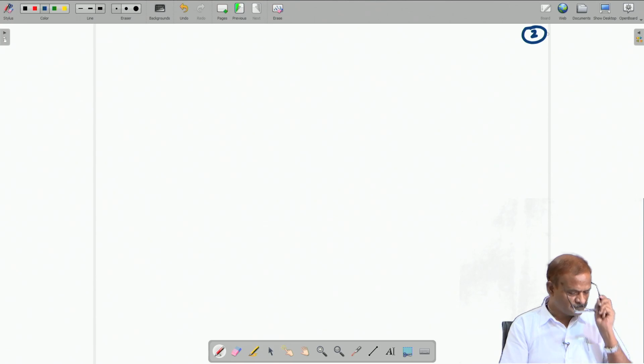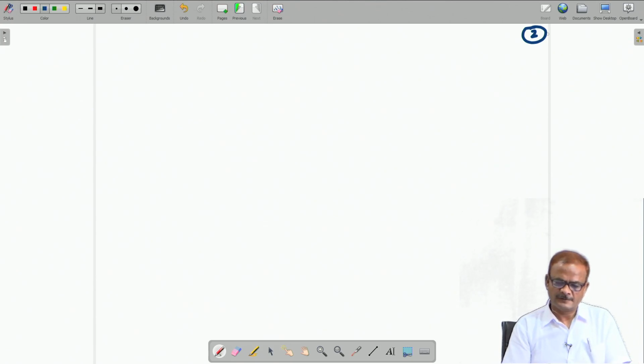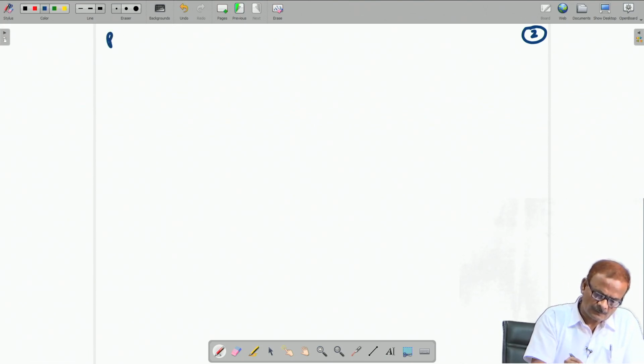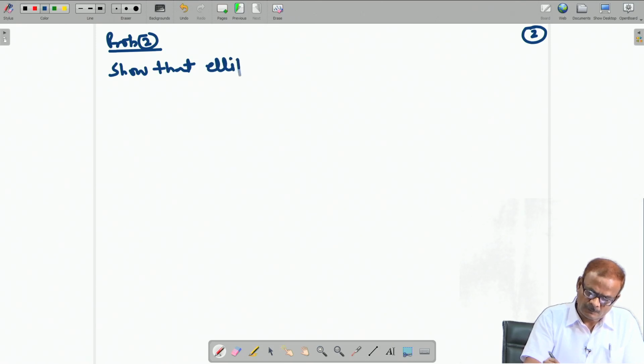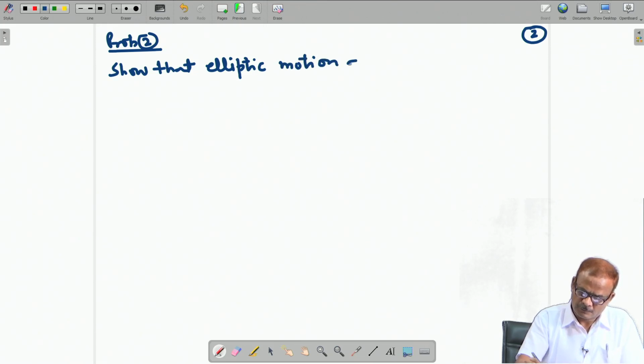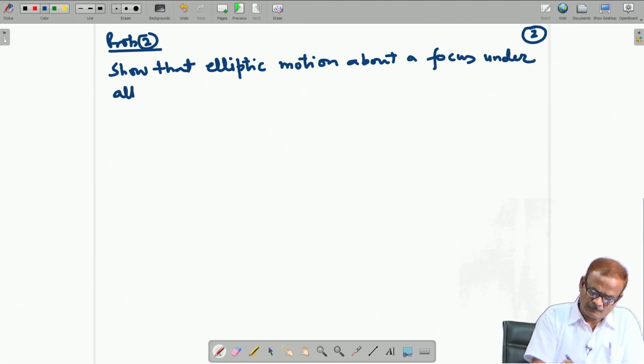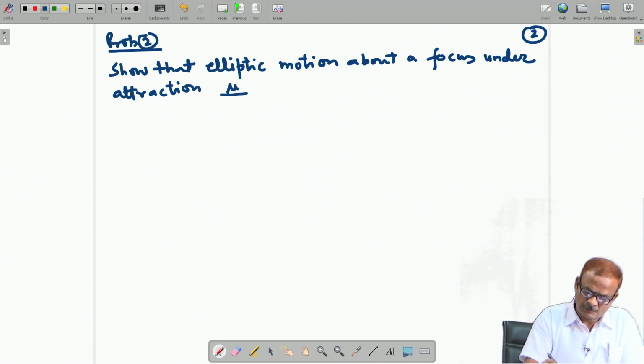In this context we take up one more problem, and thereafter we will go to the theory. So we have here mu by r square.